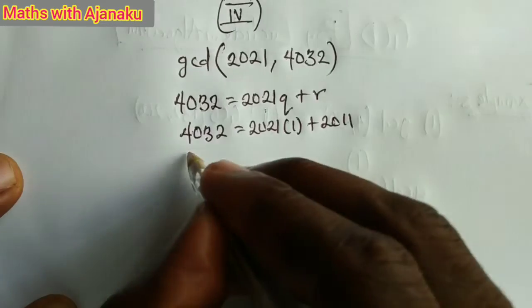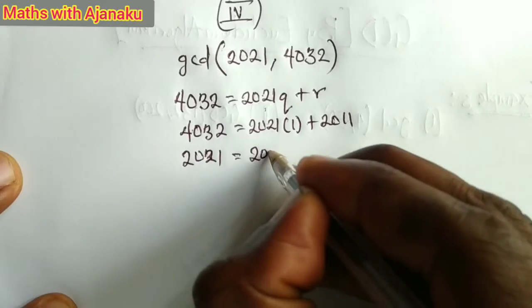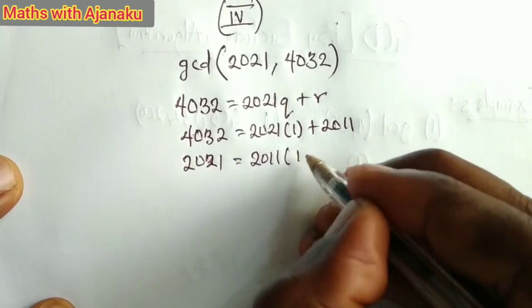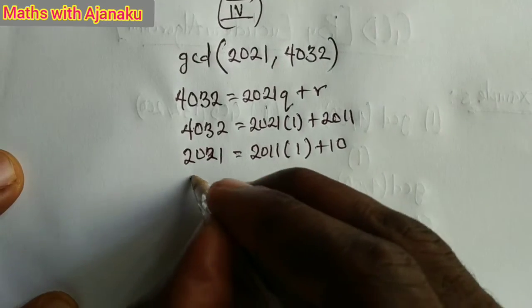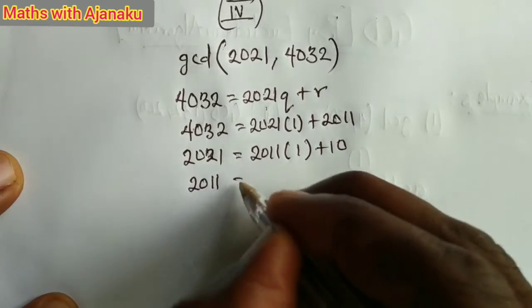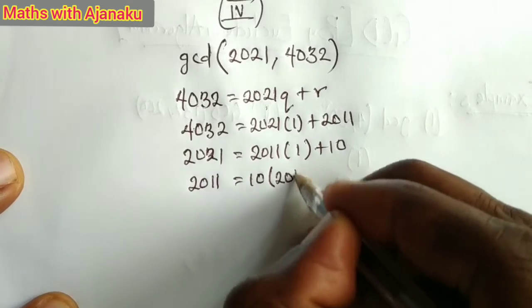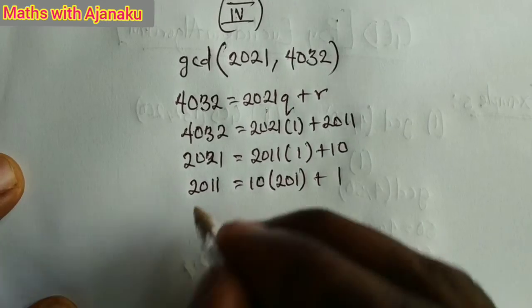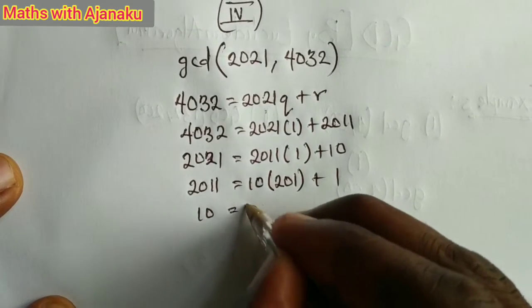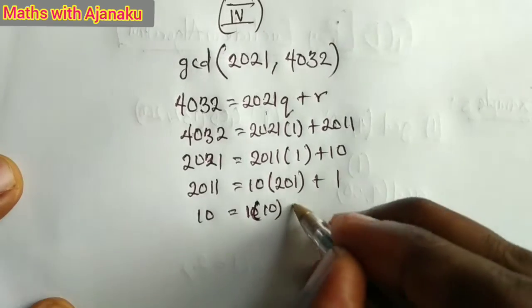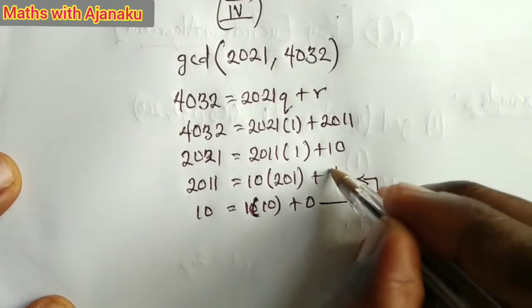So bring out 2021 will now be equal to 2011 times 1 also plus 10. Okay, I bring 2011 out, then I have 10 times 201 plus 1. Then bring out your 10. 10 will be equal to 1 times 10 plus 0. So I have gotten to 0. Take a step back. So our GCD is going to be 1 here.